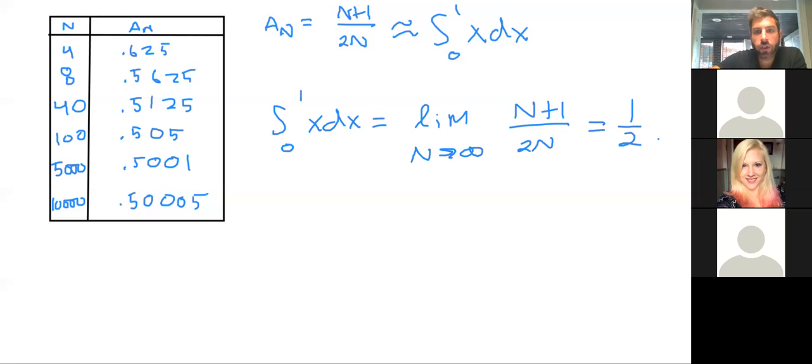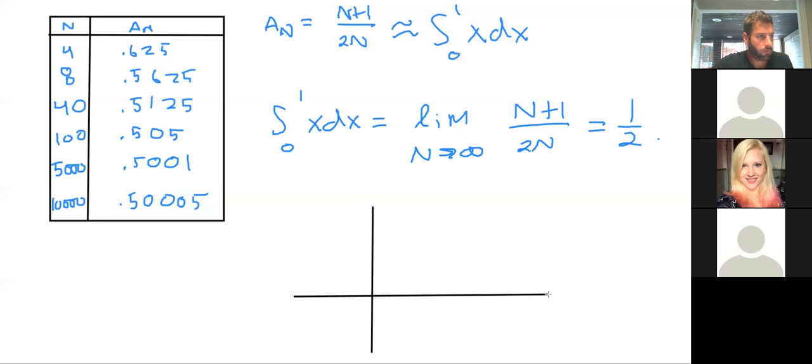By the way, this should also agree with your intuition in the area idea, because if we draw a picture of the function y equals x, if this is the point 1, and of course this is 1, what's the graph look like? Well, the graph we know goes through this point, 1, 1.